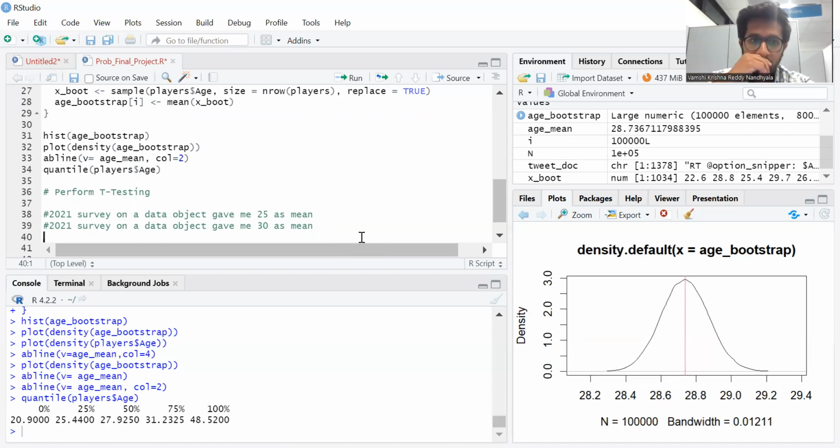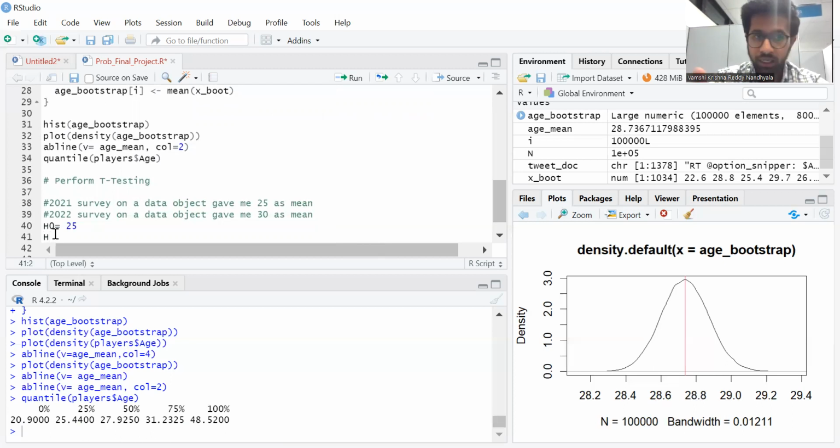As we don't know whether our 2022 results are true or false, I'm going to assume the 2021 survey mean as the null hypothesis. So I take H naught as 25, and the alternate hypothesis becomes HA not equal to 25.